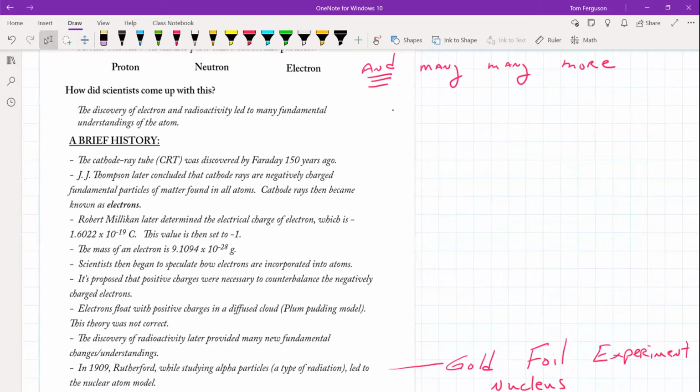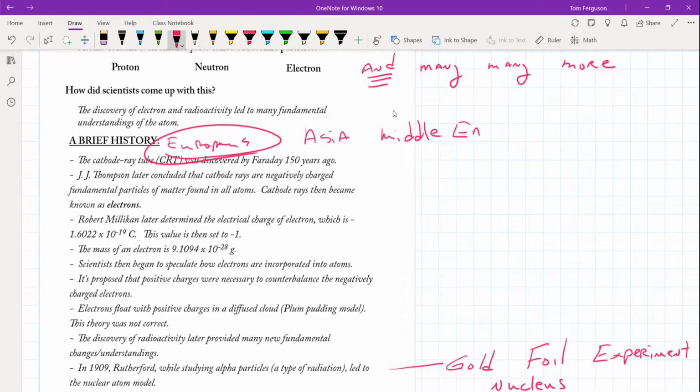Now, there's 2 things I want to add to this brief history, is that this history is of Europeans. We have history from Asia and the Middle East. That was done a lot before the Europeans.